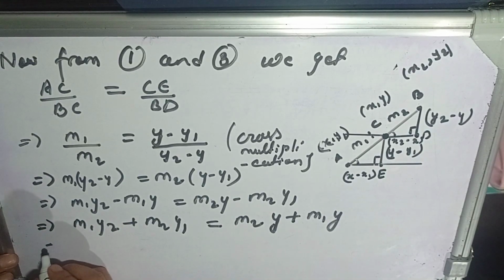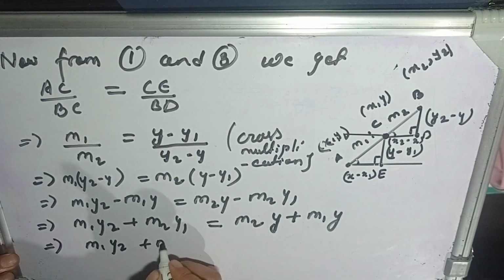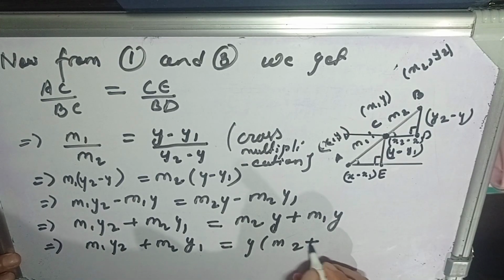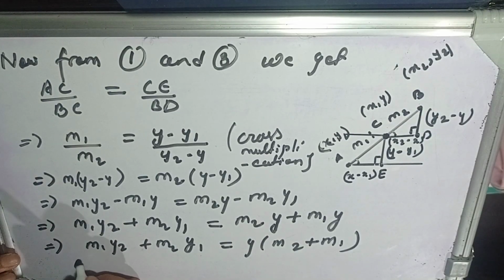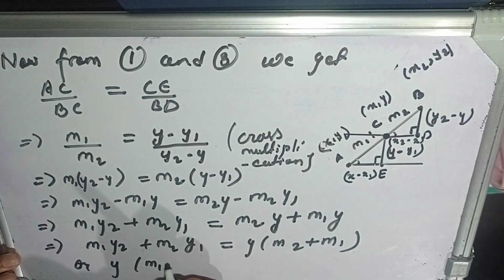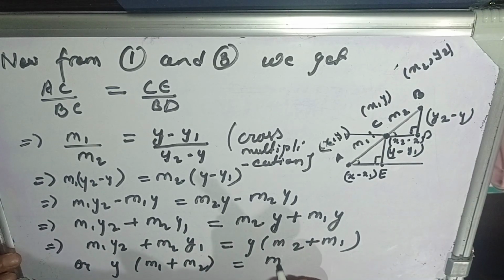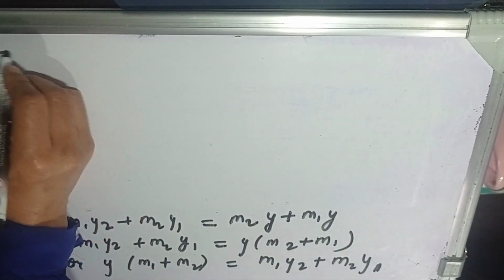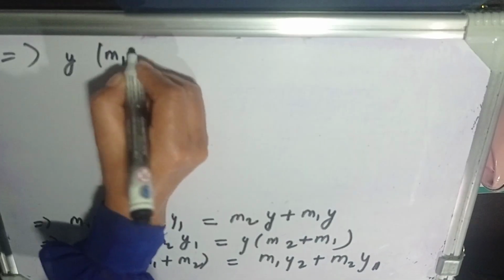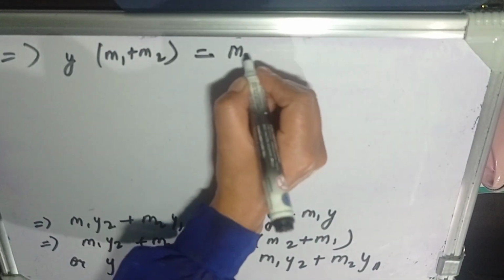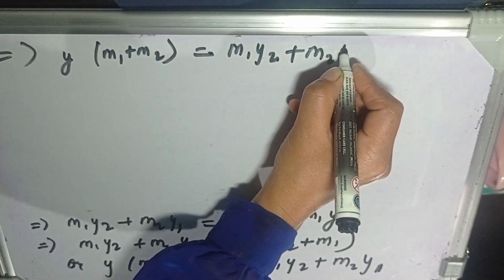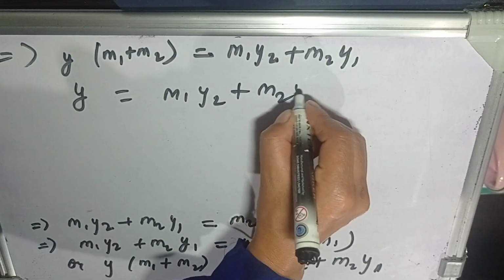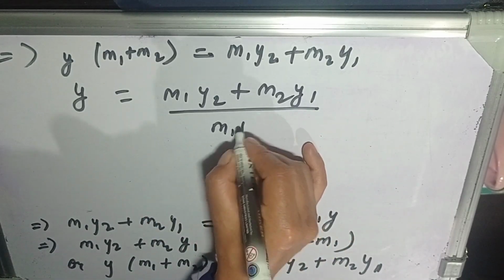So m1 y2 plus m2 y1 equals y times m1 plus m2, so y equals m1 y2 plus m2 y1 divided by m1 plus m2.